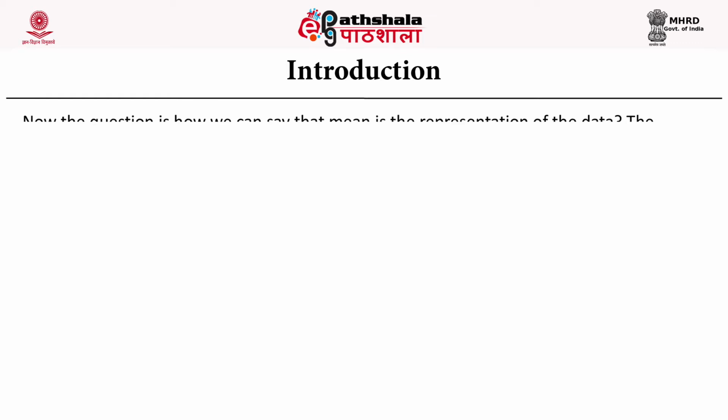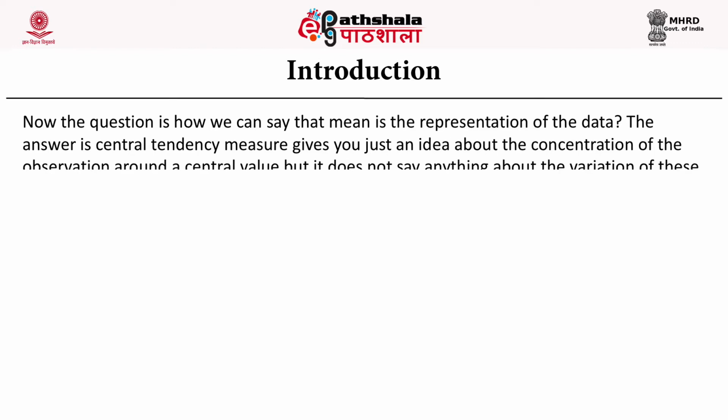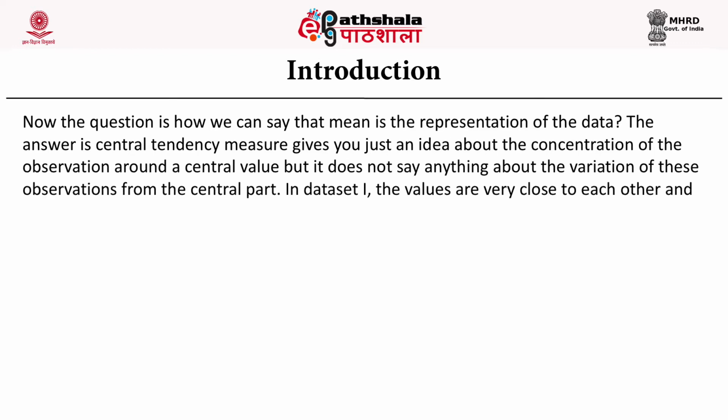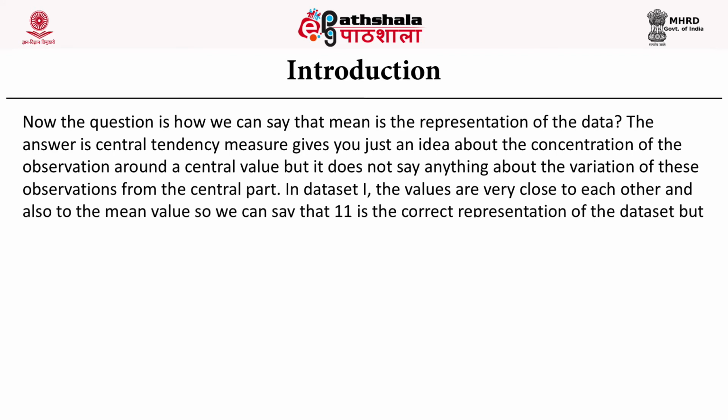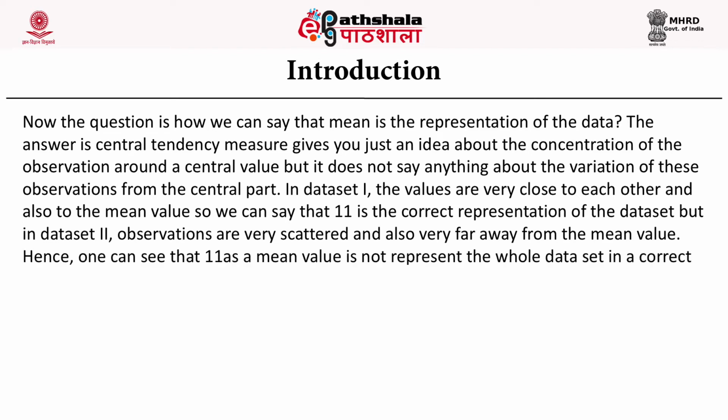Now the question is how we can say that the mean is the representation of the data. The answer is that central tendency measures give you just an idea about the concentration of the observations around a central value, but they do not say anything about the variation of these observations from the center part. In data set 1, the values are very close to each other and also to the mean value, so we can say that 11 is the correct representation of the data set.